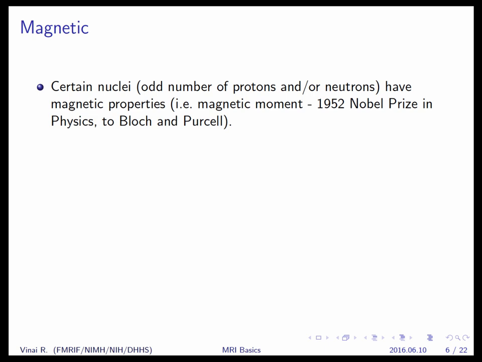The nucleus of these atoms can act as really tiny little magnets if they're exposed to an external field that's strong enough. So some of these include carbon-13, sodium, phosphorus, xenon. All of these are actually valid nuclei species that have been imaged.